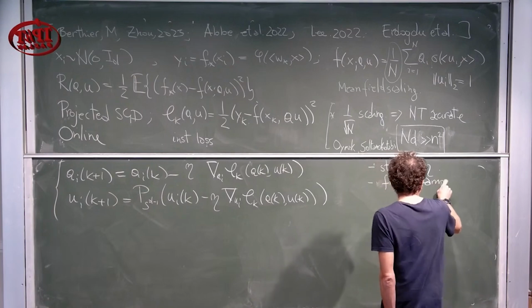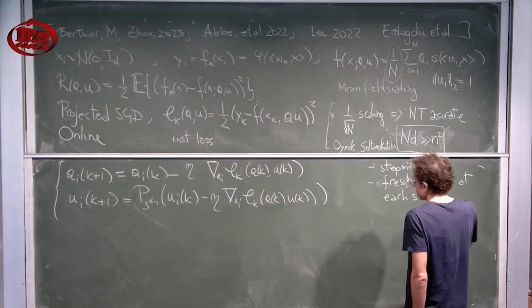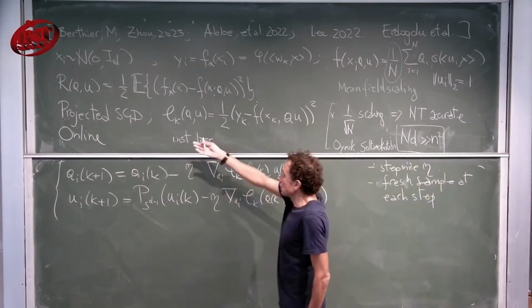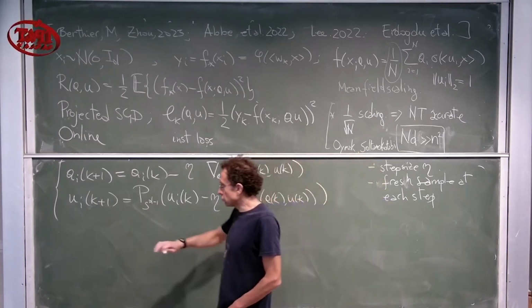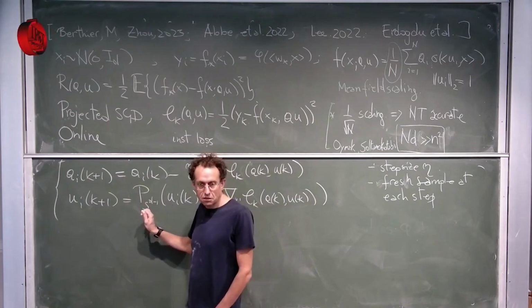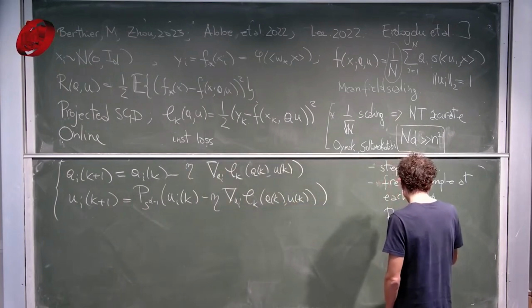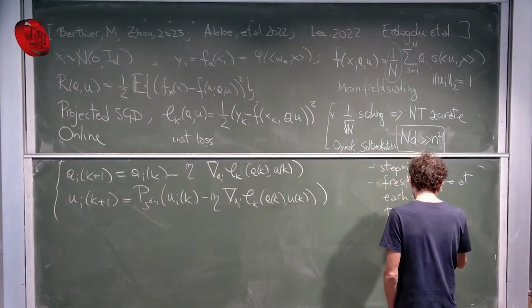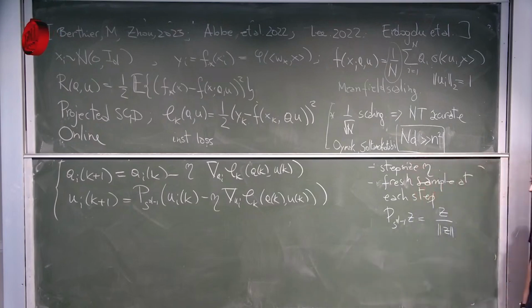This is why I call it online SGD. Then I move along the gradient, and I want to keep the norm of the u_i constant, so there is this projection, normalizing by the norm. Does this make sense?